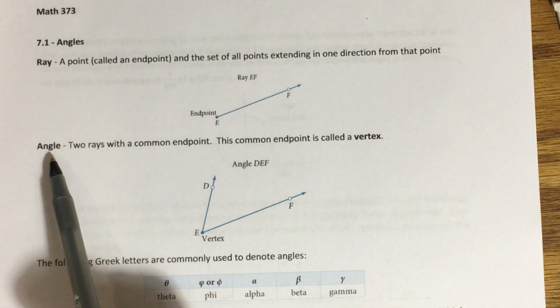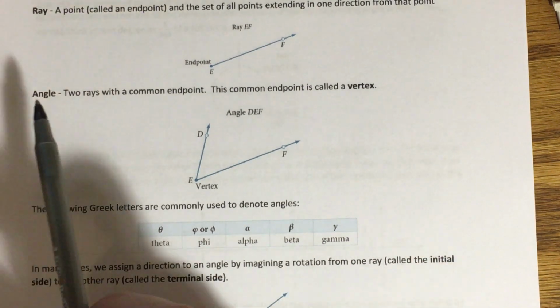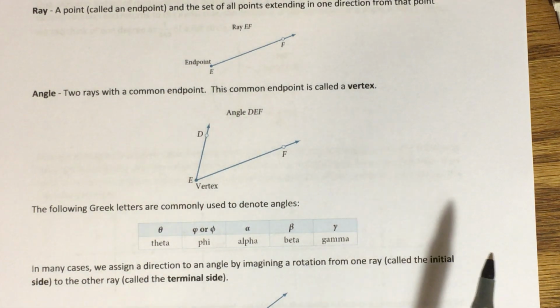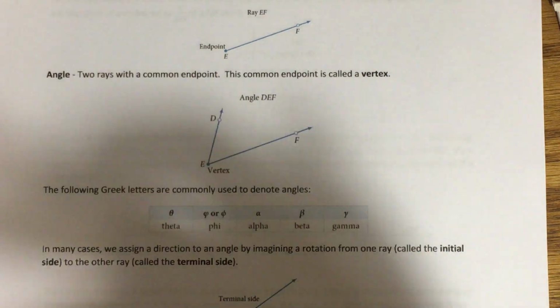The definition of an angle is interesting. The idea of what an angle is, is something that we're probably all familiar with. It's a familiar concept, but trying to define it mathematically might be kind of a difficult thing if you're not used to how things are defined formally in math.